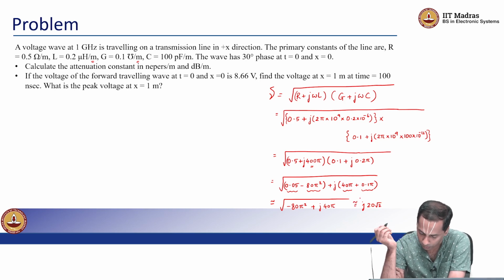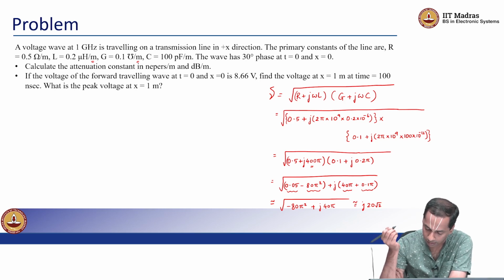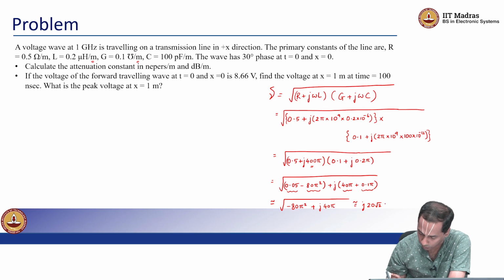Pi squared is close to 10, so I have 800, and the square root of 800 is 20 square root of 2, and then I have 1 minus j by 2 pi.